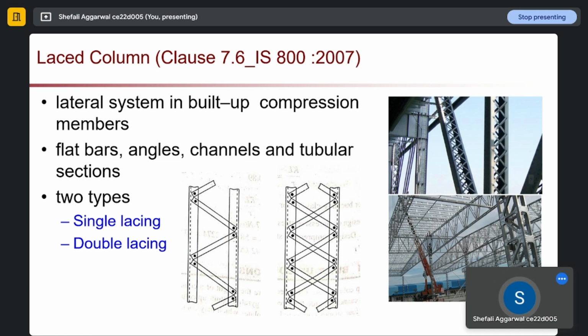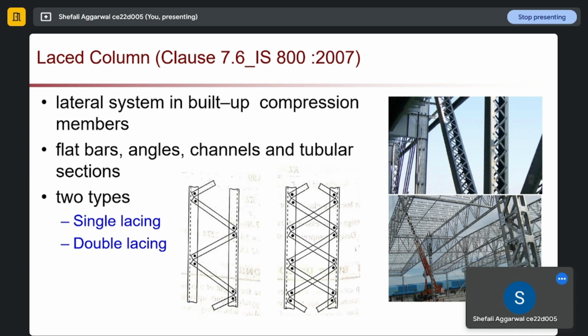Mostly the lacing systems are flat bars, or they can be angle sections, channel sections, or tubular sections. In this figure, you can see some angle sections used as lacing bars, whereas in the picture below, you can see some flat plates used as lacing bars in lacing columns.